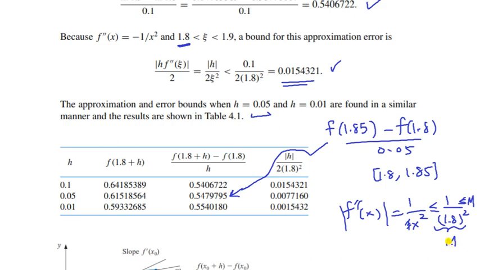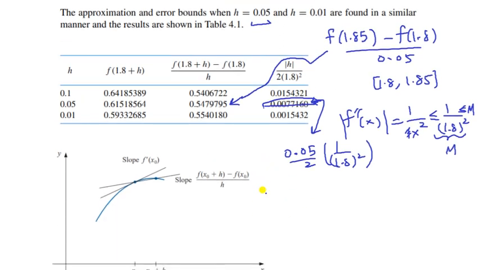But now why is m the same but the error is not the same? The reason is h has changed. Now h is not 0.1, it is 0.05. So this error is basically 0.05 divided by 2, and m is the same, 1 over 1.8 square. So if you approximate, this is the answer. So that's how you can calculate derivatives.